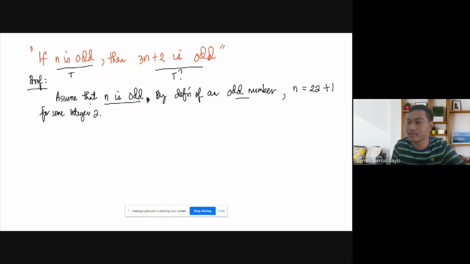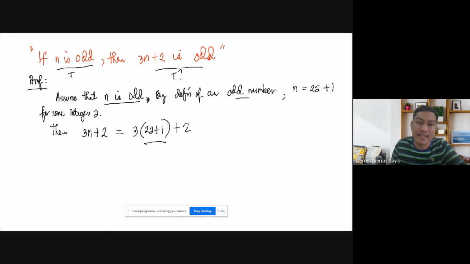Okay. Then 3n plus 2 is just equal to 3 times 2a plus 1, plus 2.